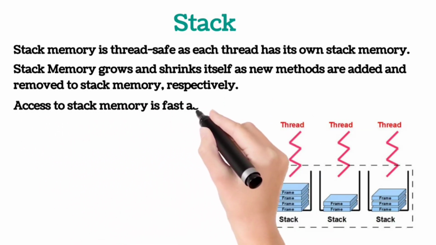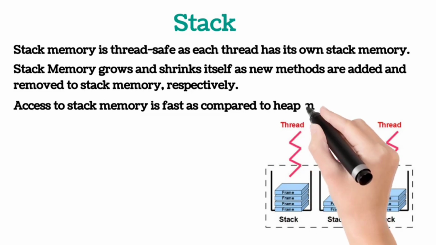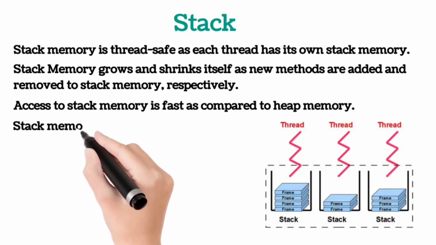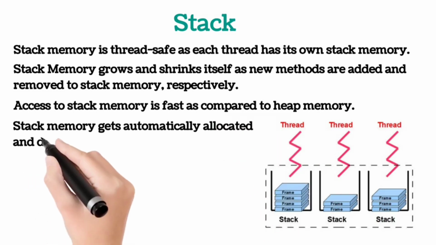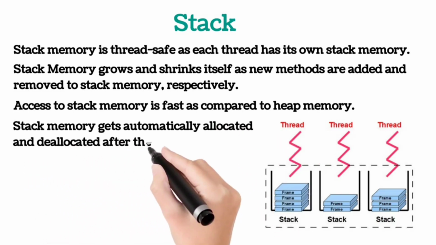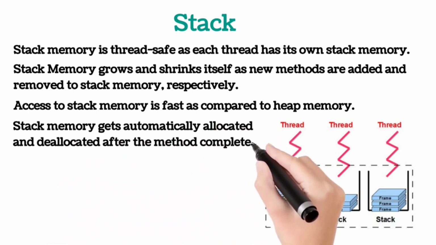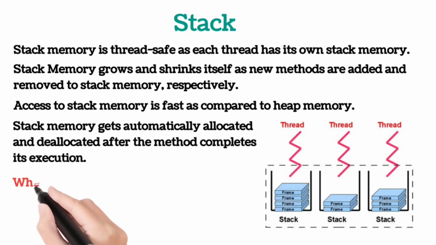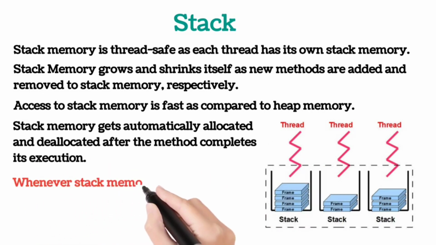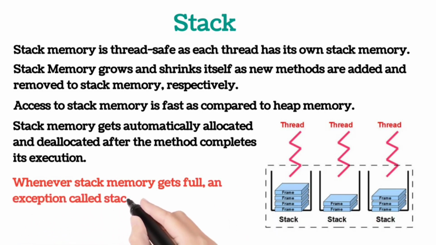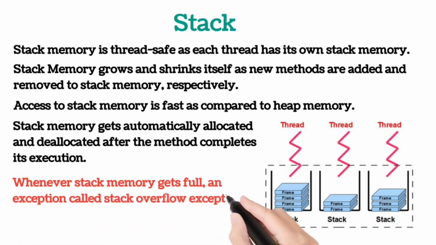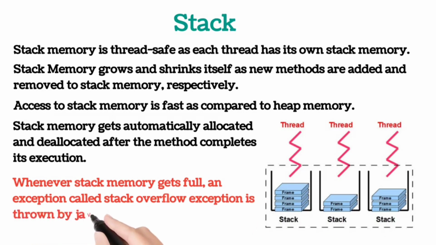Access to stack memory is faster as compared to heap memory. Stack memory gets automatically allocated and deallocated after the method completes its execution. Whenever stack memory gets full, an exception called stack overflow exception is thrown by Java.